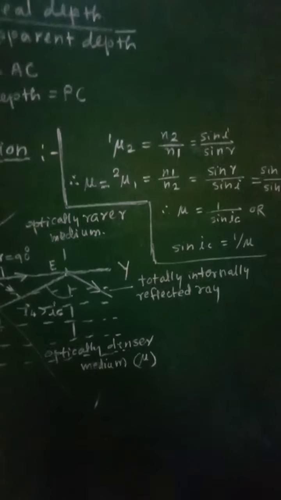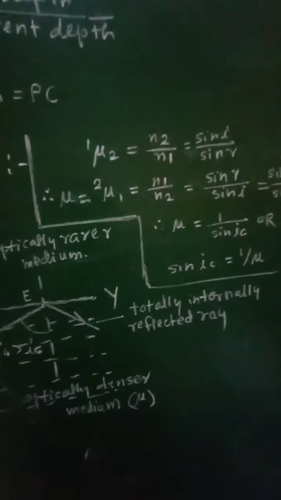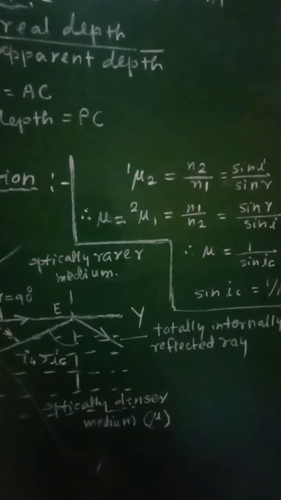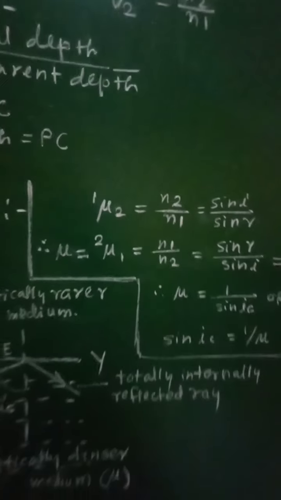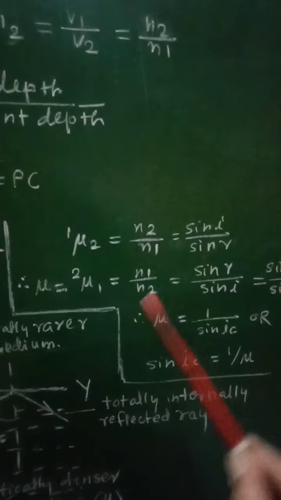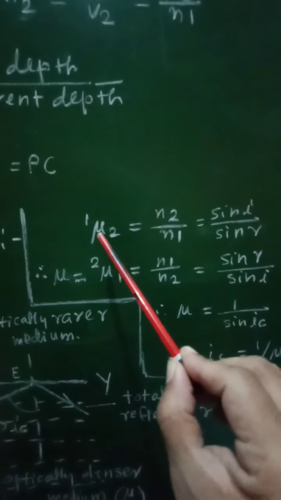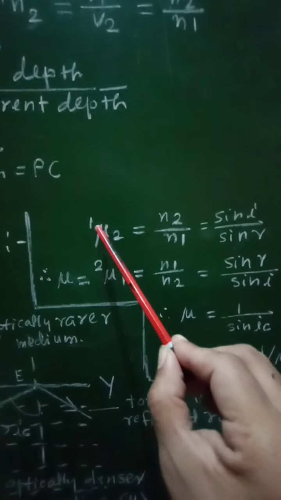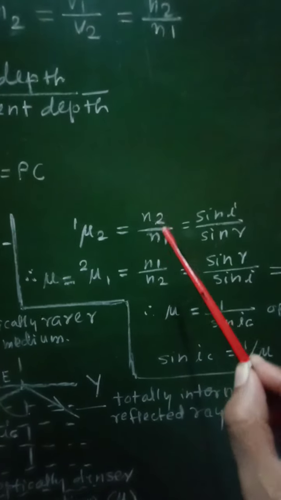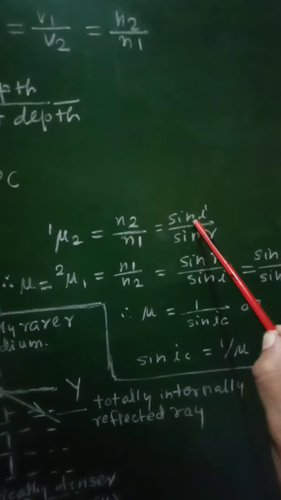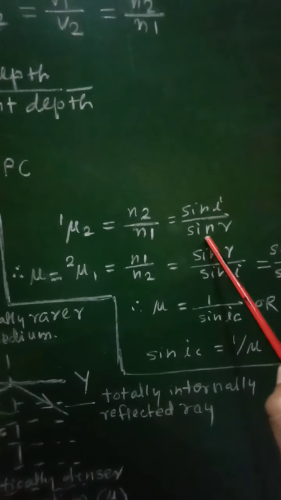Now if you consider the denser medium having its refractive index equal to mu, then according to Snell's law, as there is refraction, we can use Snell's law, that is, the refractive index of the second medium with respect to the first medium equals n2 by n1, that is equal to sin i upon sin r.